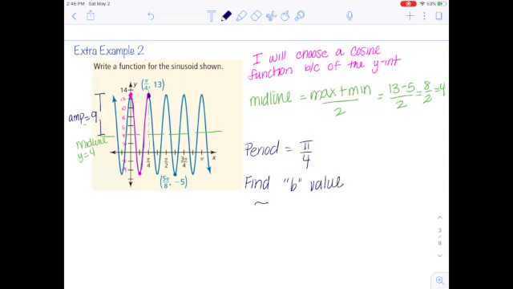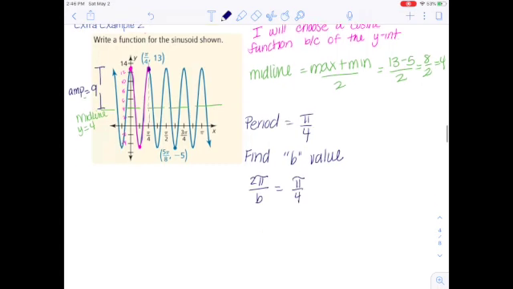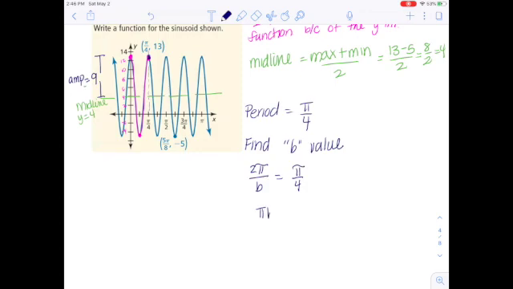So use your 2 pi divided by your b value is equal to pi over 4. Cross multiply. Pi b is equal to 8 pi. So b is equal to 8. Box that. All right, and that's pretty much all we need.